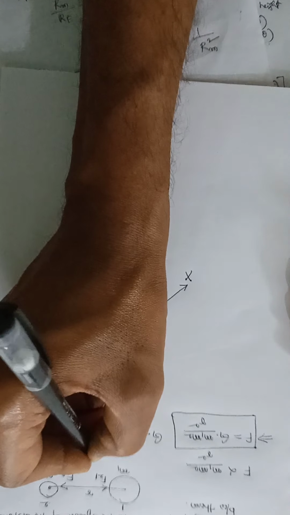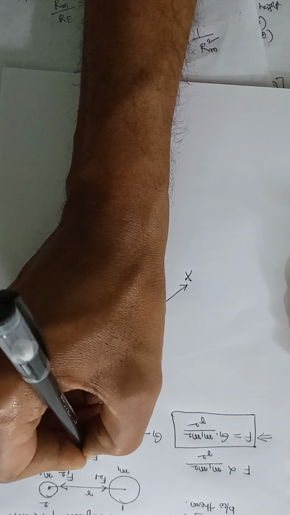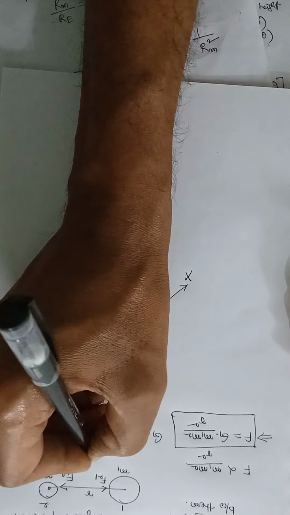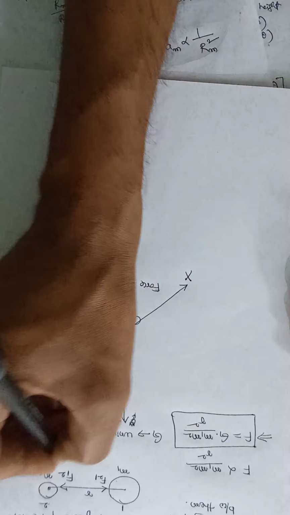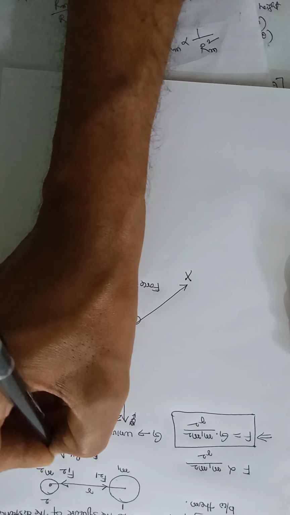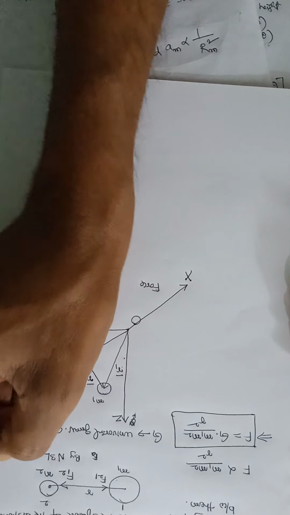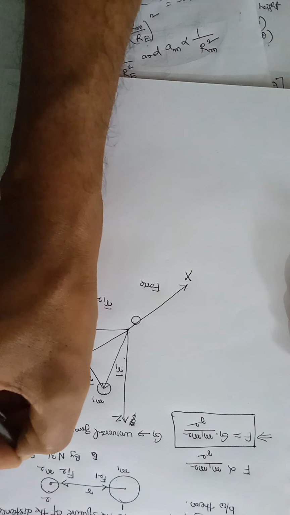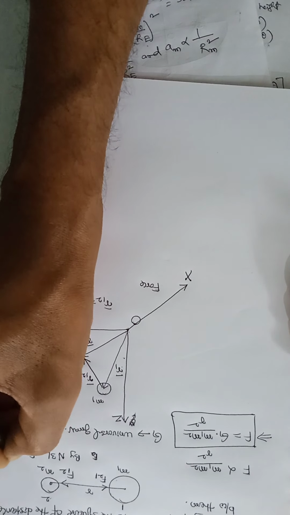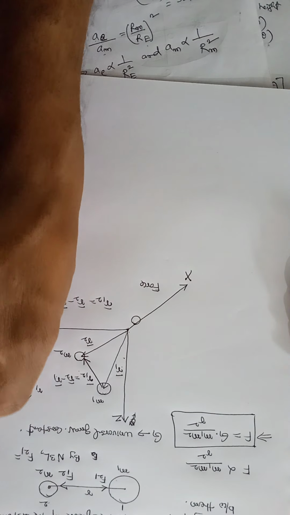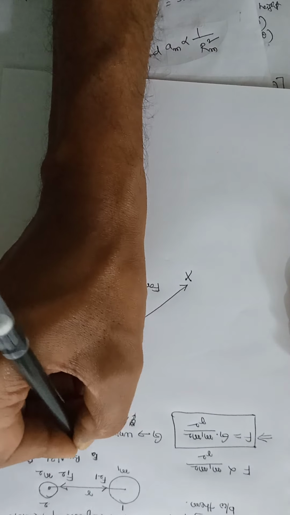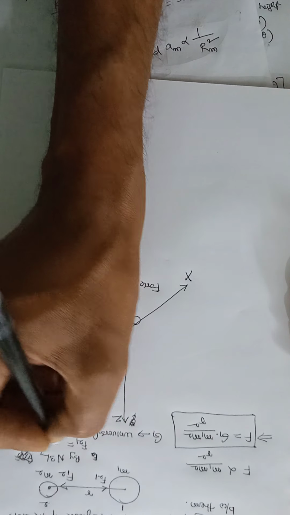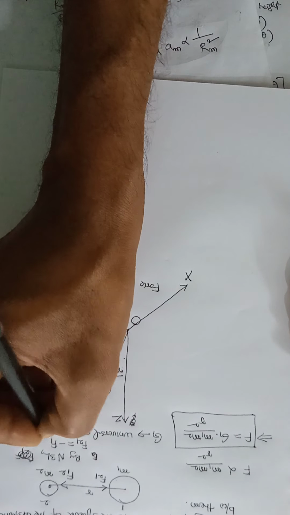So by Newton's third law, F21 is equal to minus F12.